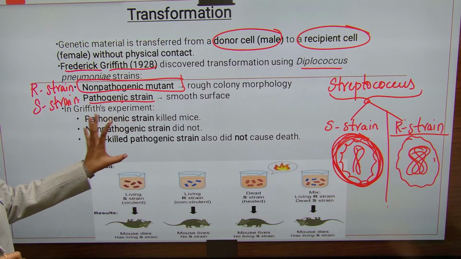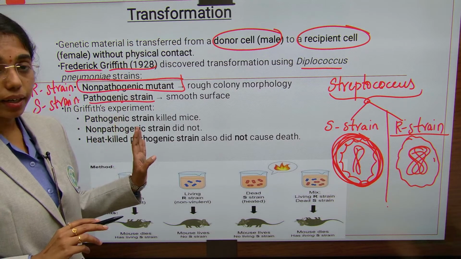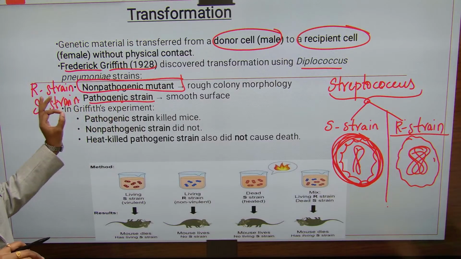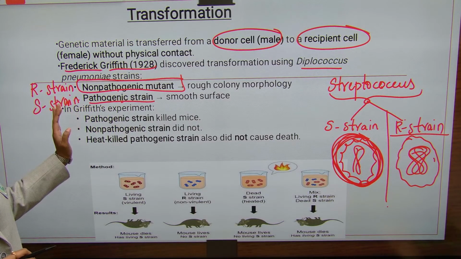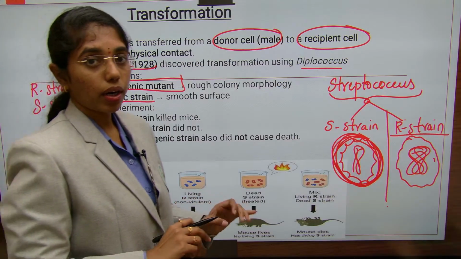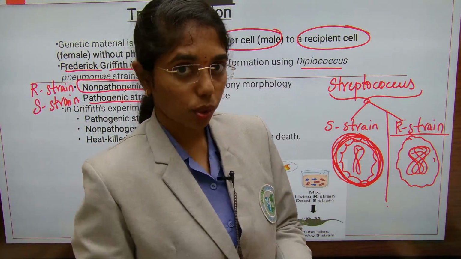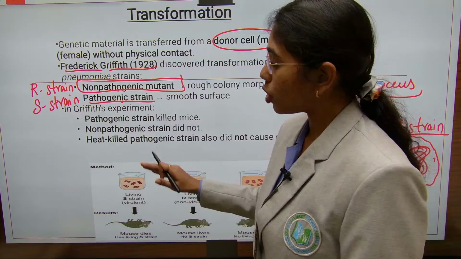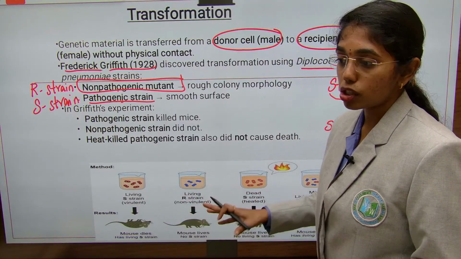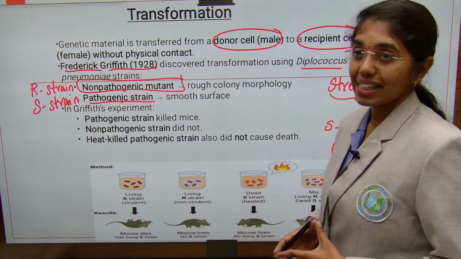Clear? In Griffith's experiment, what did the experiment say? It is very important. We can expect a statement-based question on the steps and the results of the transforming principle, so listen carefully.